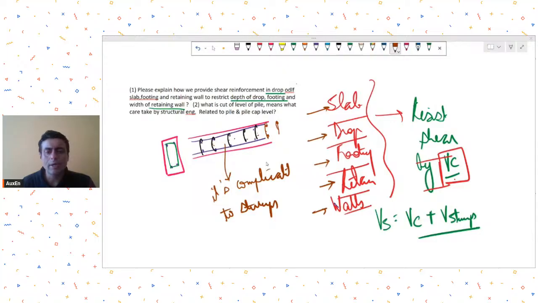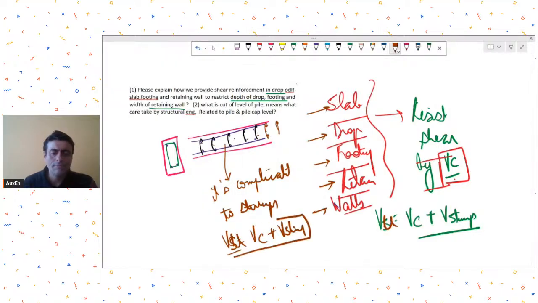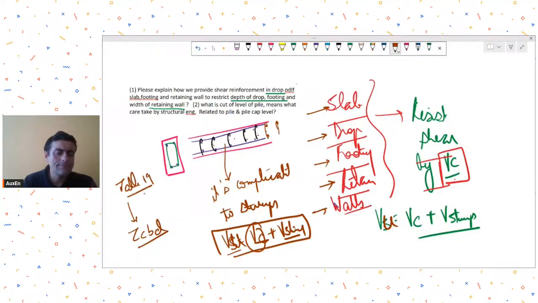But if it has to be provided, of course, you can carry out the design in the normal manner in which you do the shear design. So the principle remains the same. Total shear has to be taken by VC plus stirrups. Let me write it as VU over here. So the total shear has to be taken by concrete and stirrups. For concrete, you know it is equal to tau C BD. This tau C you can get from table 19 of IS 456.